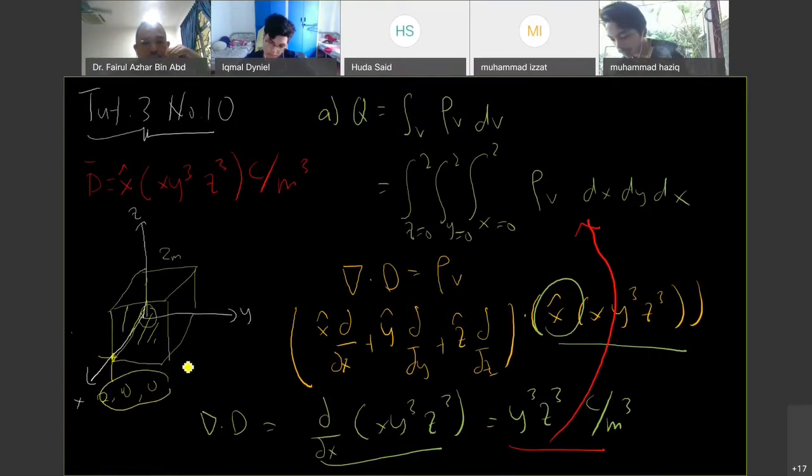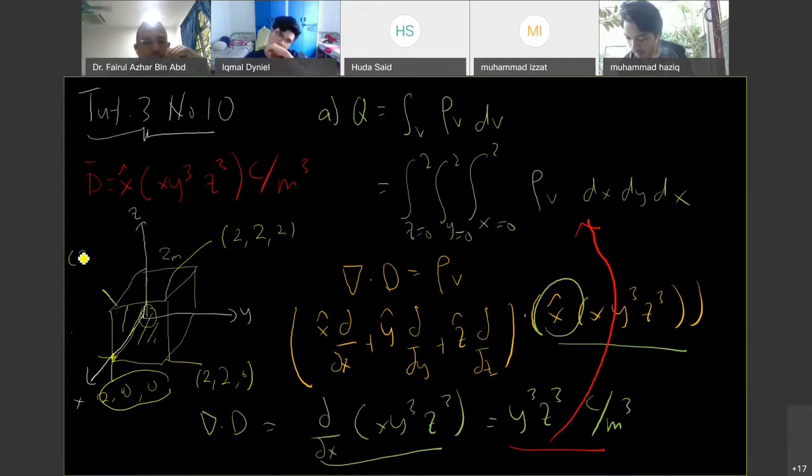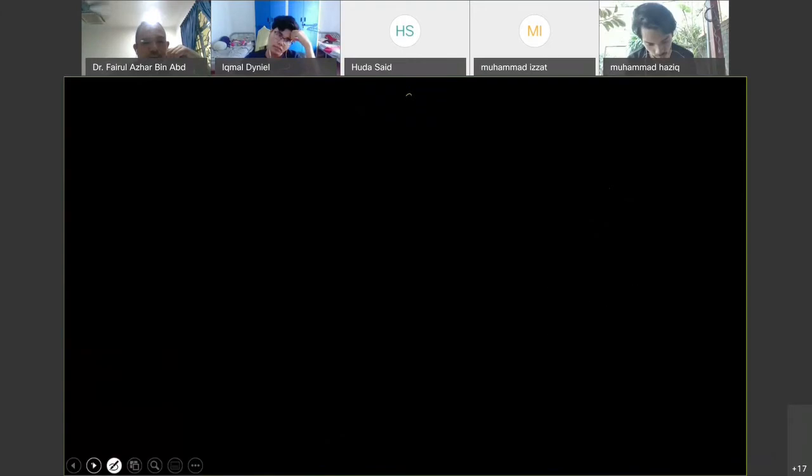This point will have y equal to 2 and 0. This point will be 2, 2, 2. And this point will have x equal to 2, y equal to 0, and z equal to 2.